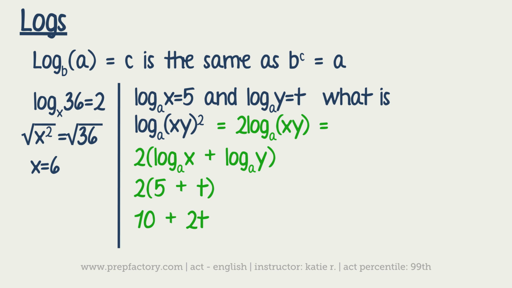The important thing to remember is that when you're looking at the log of something raised to a power, that power can come to the front as a multiplier. And when you have a log of two separate things multiplied, you can add those logs.